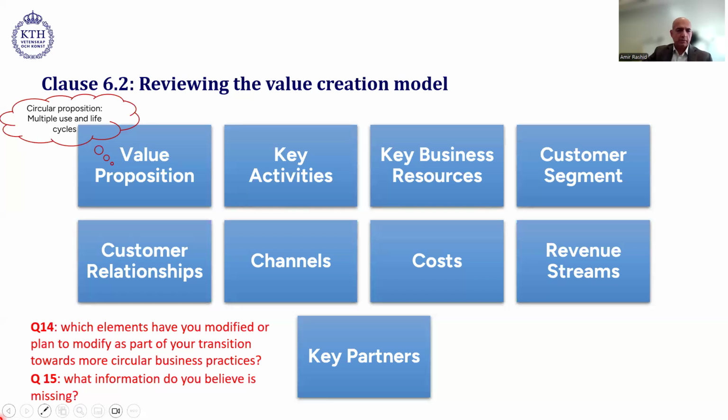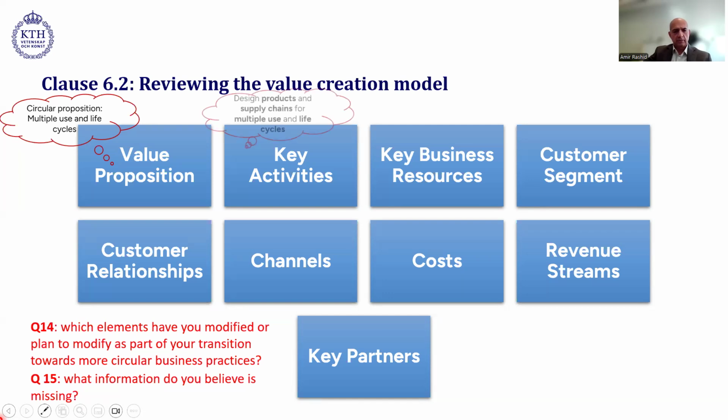We already know that there are possibilities to go for, for example, a buyback business approach or leasing approach or products as services. There are several different value propositions out in the market, but this standard is not really focusing on any particular or specific one. It is taking a more generic approach where the circular propositions should focus on products for multiple use and multiple life cycles.